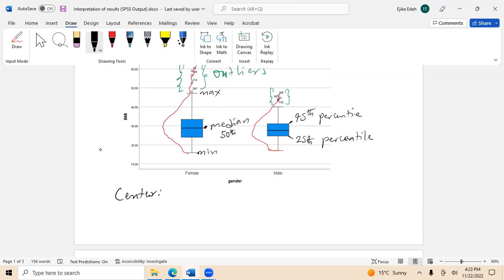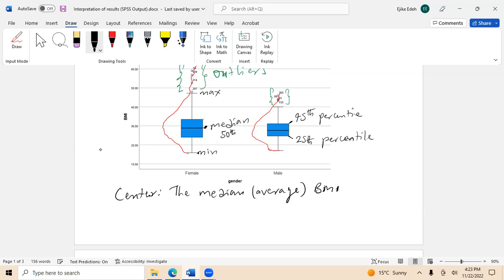So we could say that the median, here we can just use the word average, BMI.